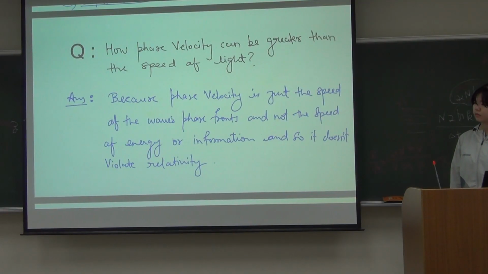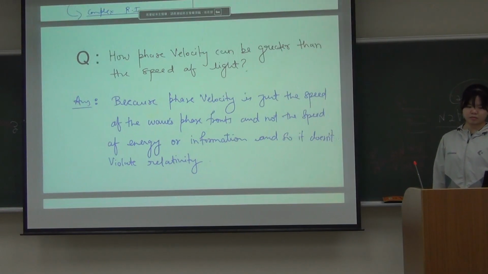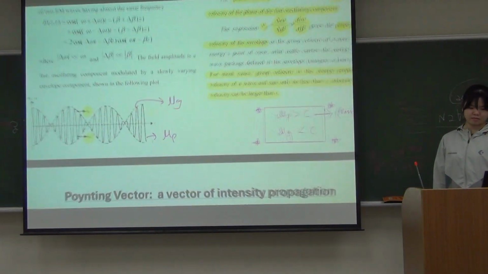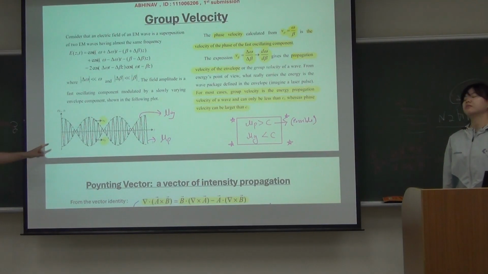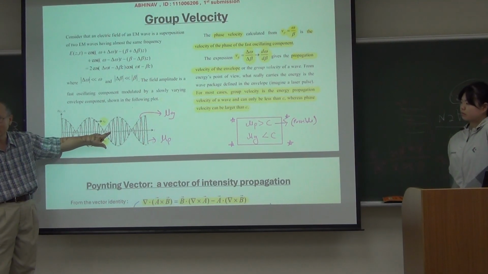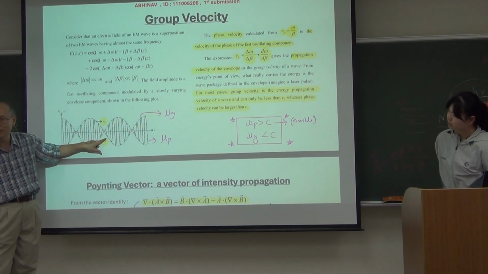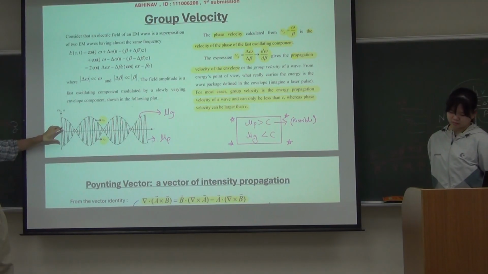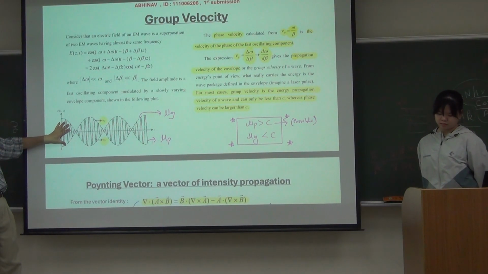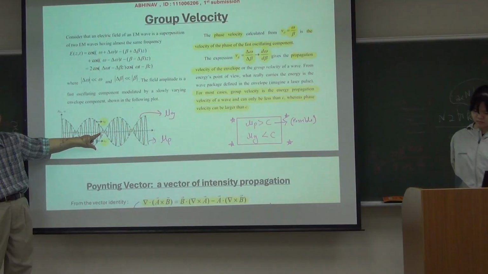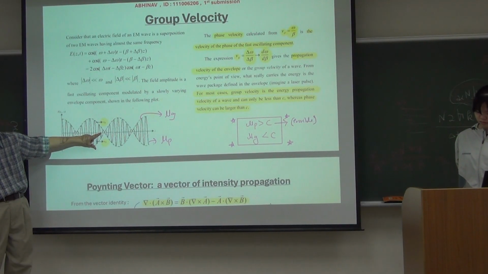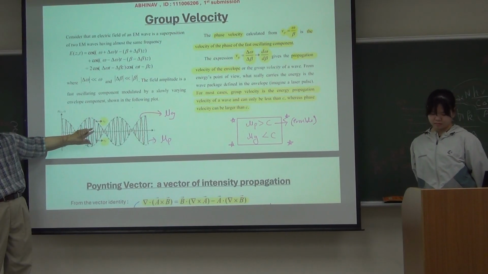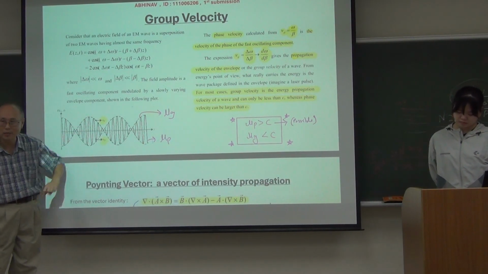But we can go back to your page. When we talk about group velocity and phase velocity, this envelope carries the information, right? So the information is the energy. So it is reasonable that you connect the group velocity to the energy velocity, because the envelope carries information, but not the phase inside this envelope.